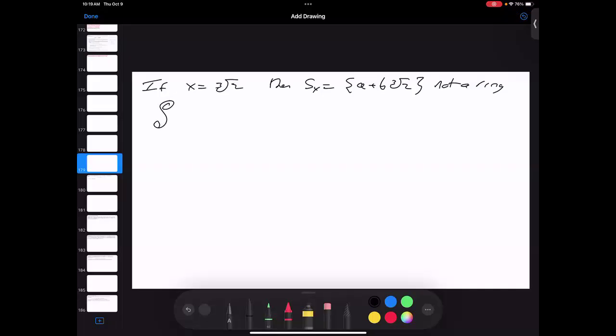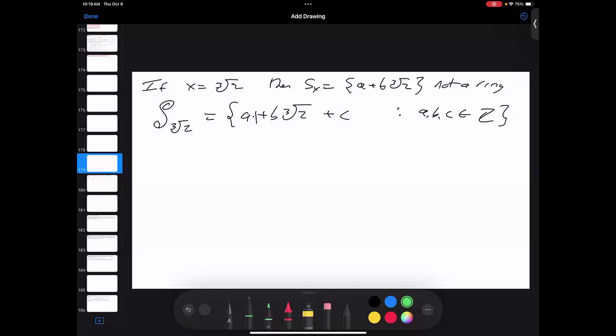So what can I do? It'll be all the forms of a plus b cube root of 2. Any thought about what might come next that we could try? So you can view this as a times 1, then b times the cube root of 2.